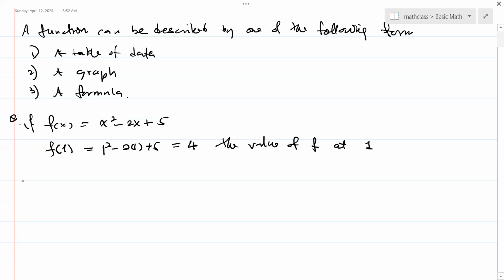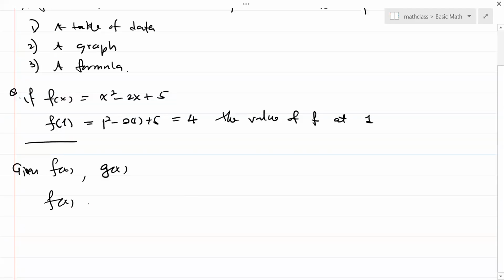Functions can be added together, subtracted. So if you have two functions, f of x and g of x, you can add them together. We can define a new function we call f plus g. This new function is named f plus g, so you have three symbols here, and that's just the name of the function.